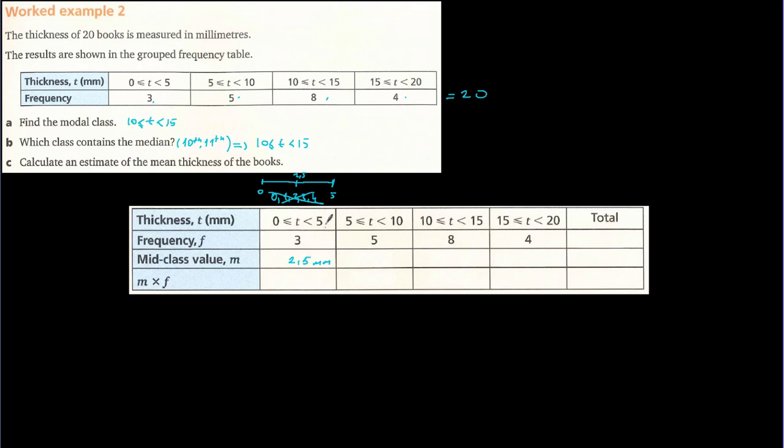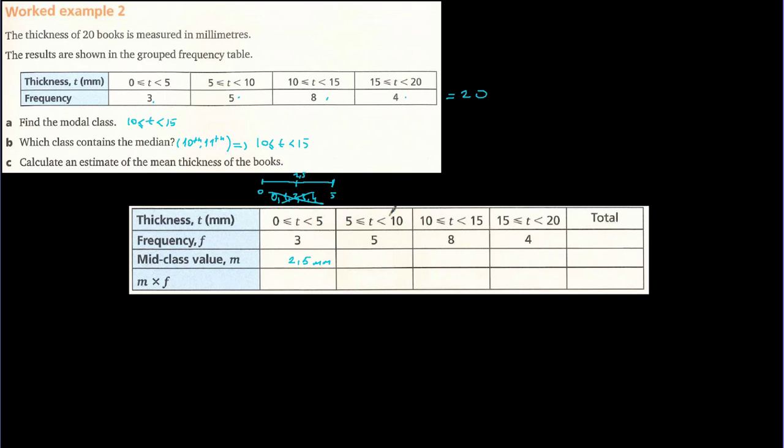Again, I'm repeating, 5 is not included, so it cannot be between 0 and 4, because when you say 0 and 4, it means that you are talking about 0 millimeter and 4 millimeter, but 4.9 is also in this group. That's why 4.8, 4.9, 4.99 are in this group. Only 5 is not in this group. With respect to that, the midpoint is going to be 2.5.